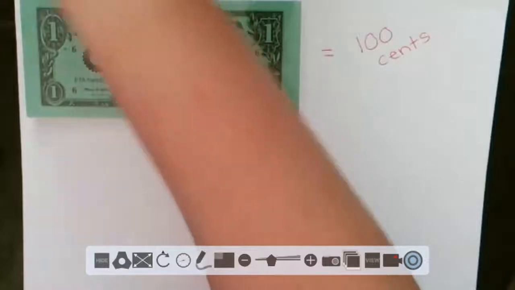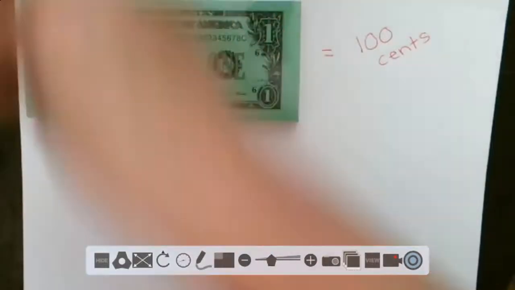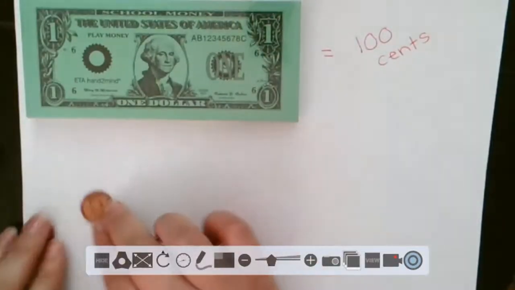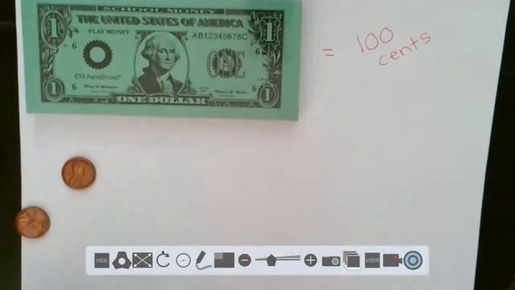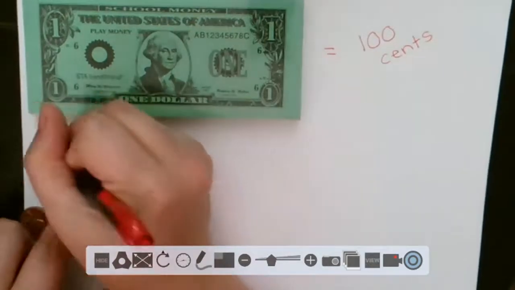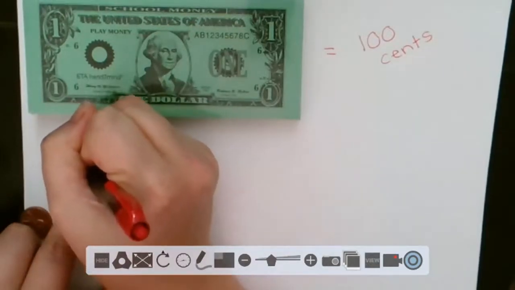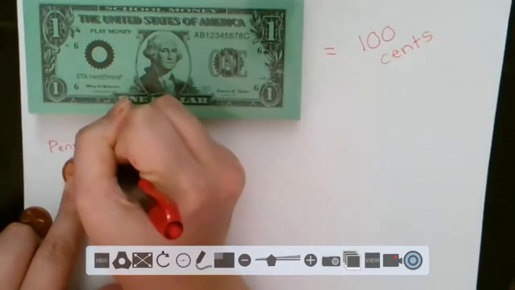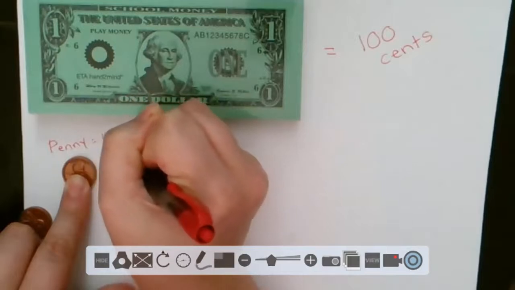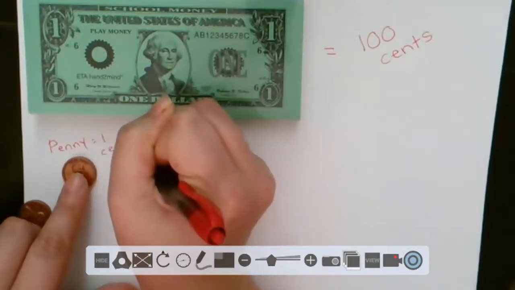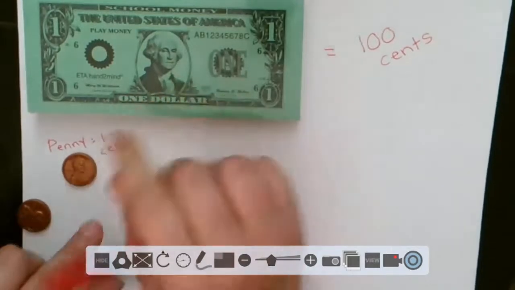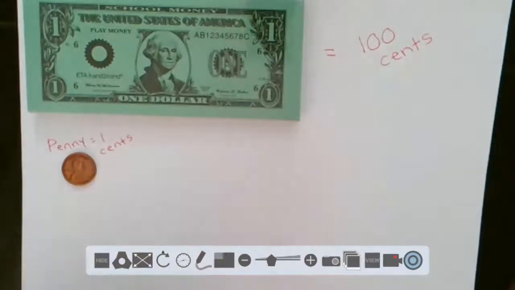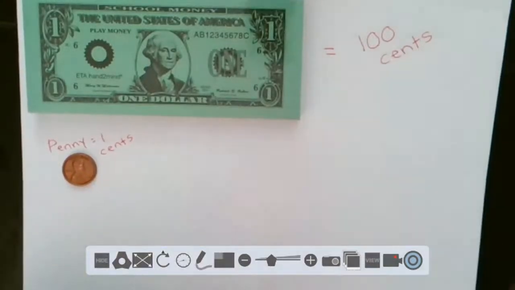So I'm going to pull out my pennies first. So we've got a penny that equals 1 cent. Now, 1 cent, sadly, is not enough to equal $1, because I need 100 cents.